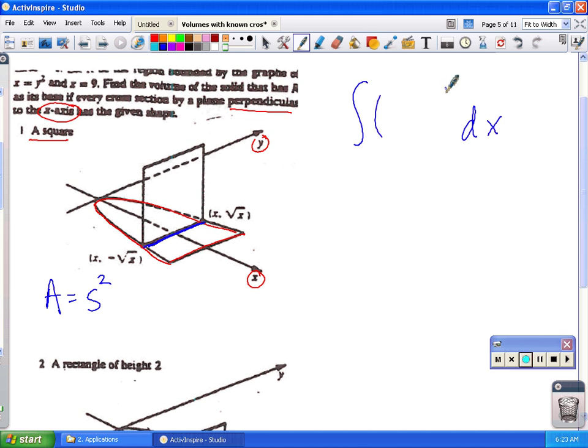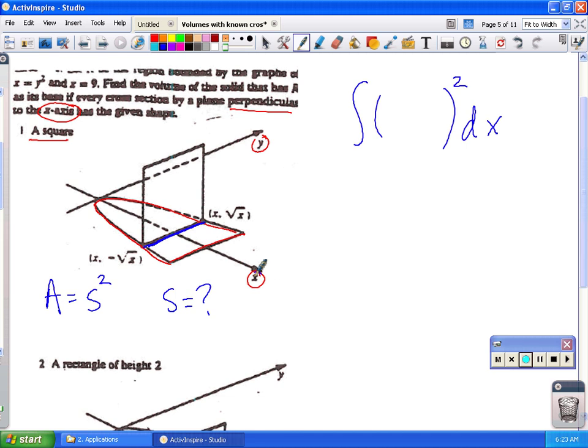Our big job is to figure out the length of that side in terms of the base. In other words, how long is a side of that square? Also notice that there is no pi in front of the integral because these are not circles and we're not revolving.